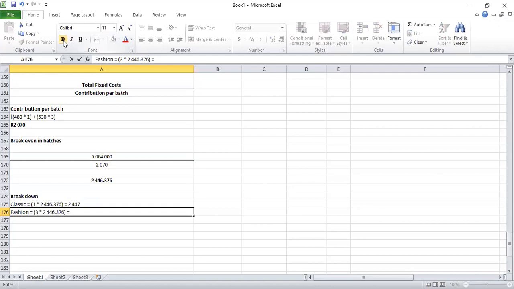What do we get? 7340. This one you should round up, because that's our final answer. So these are the 2 ways of getting the contribution.